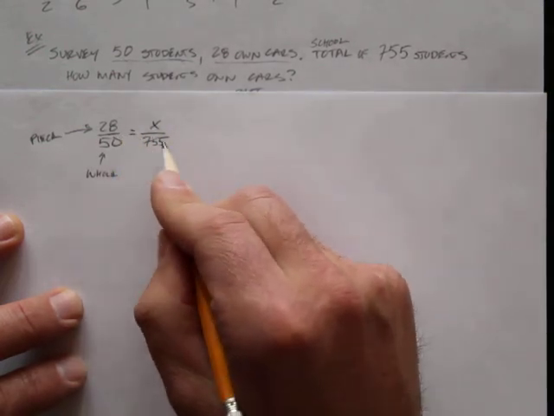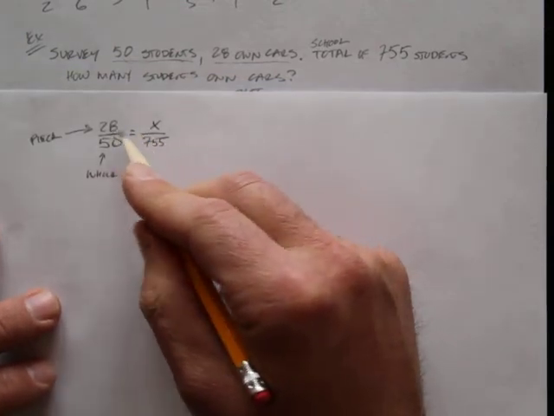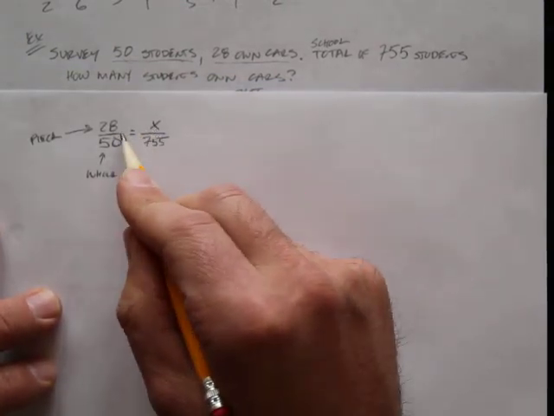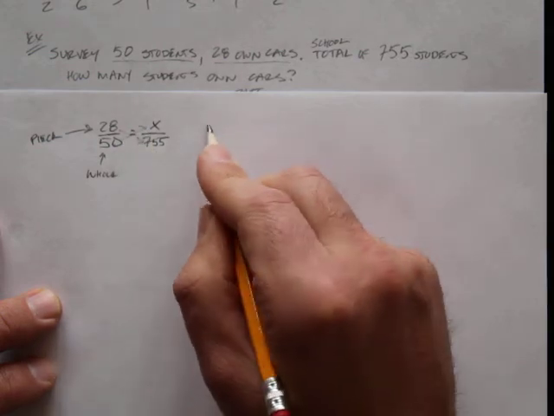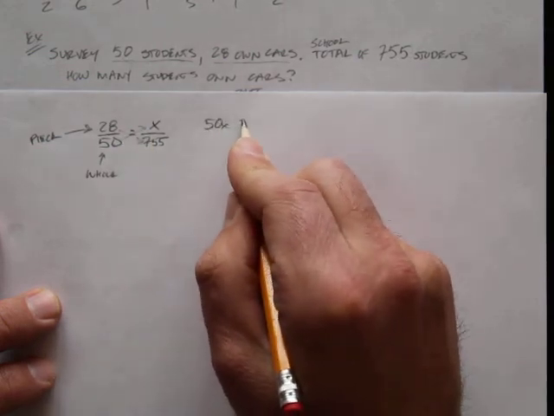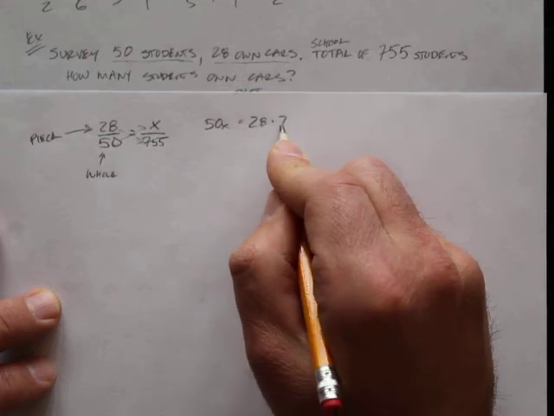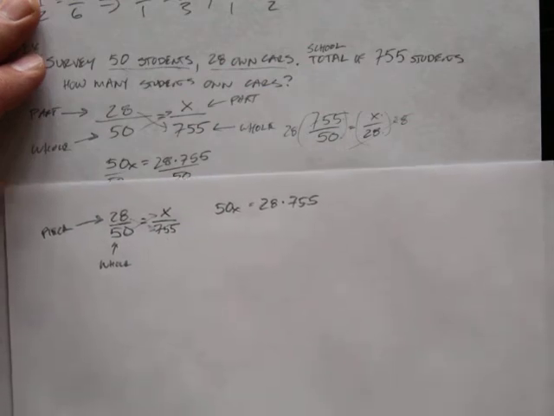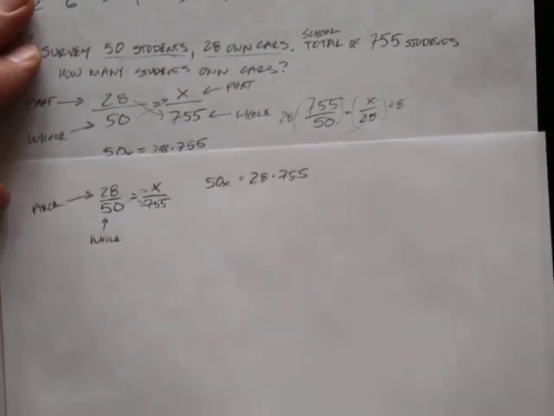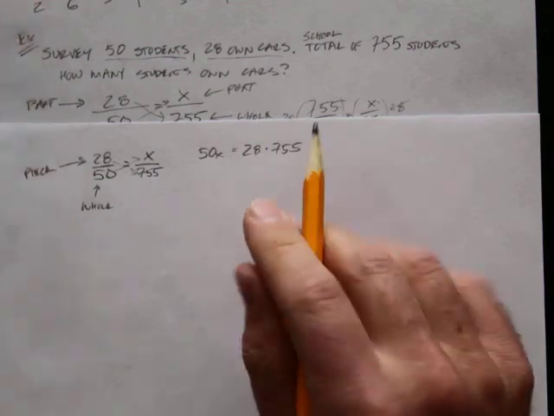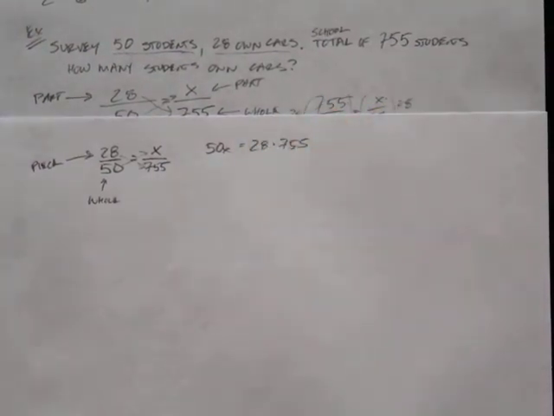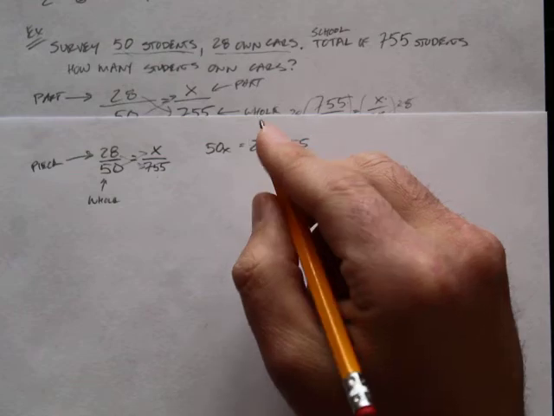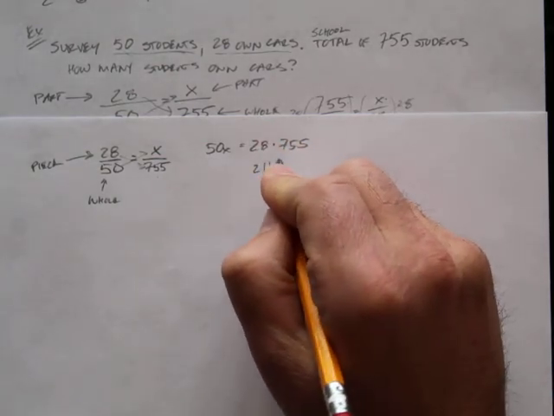And so now I'm going to use cross products and solve for X. So I'm going to multiply across here and multiply across here. So 50X equals 28 times 755. Ooh, gross. I don't want to do all that. But let's see, I did it last time, didn't I? Yeah, okay. So I just get my calculator and multiply 28 times 755, which is 21140.